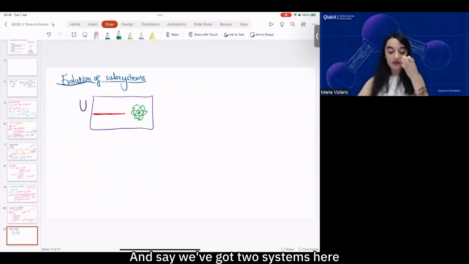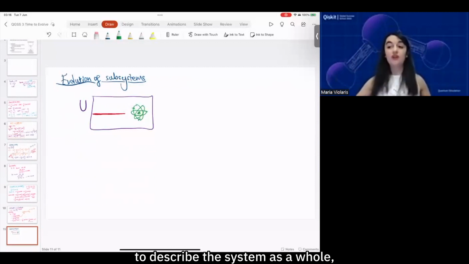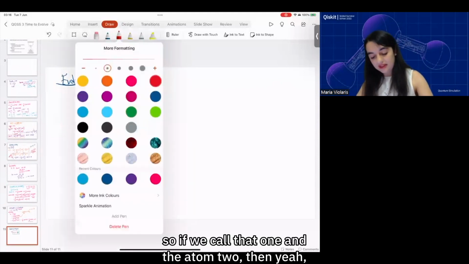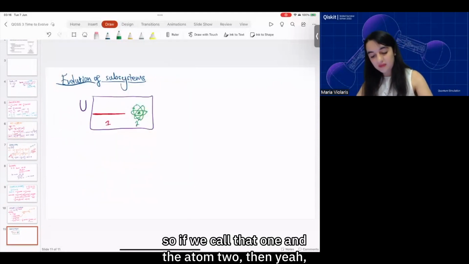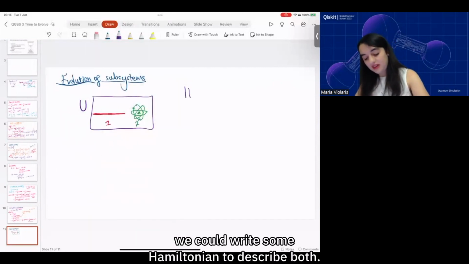So we've got two systems here, and we can describe them together by a joint Hamiltonian to describe the system as a whole. If we call the laser 1 and the atom 2, then we could write some Hamiltonian to describe both.